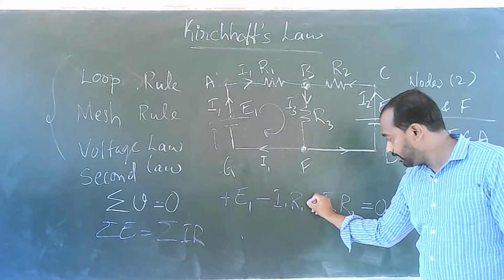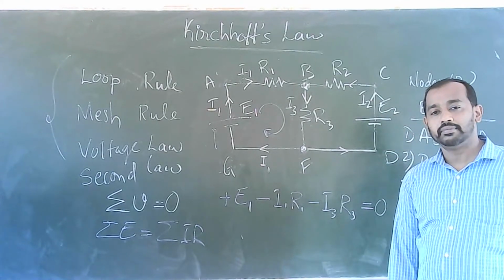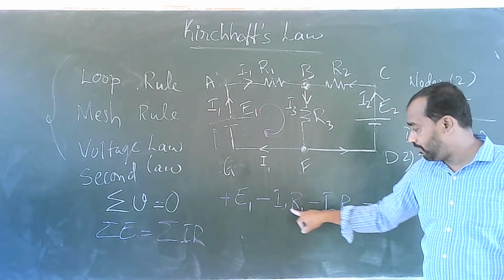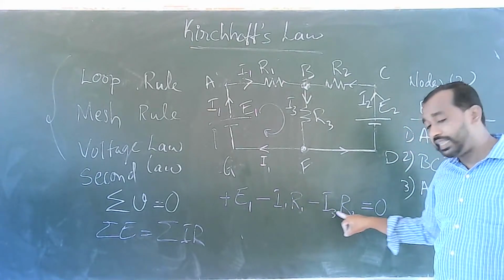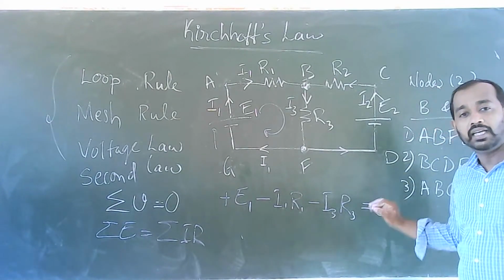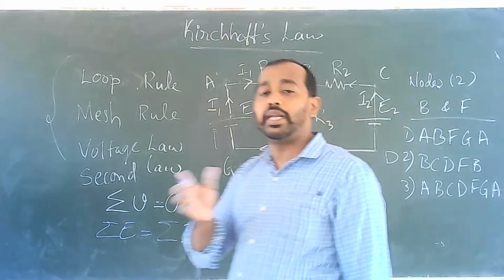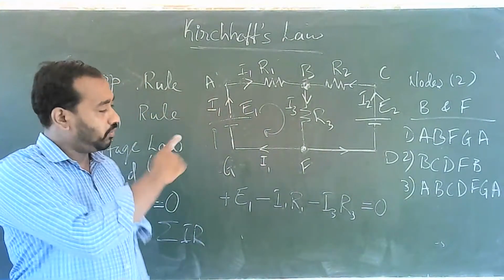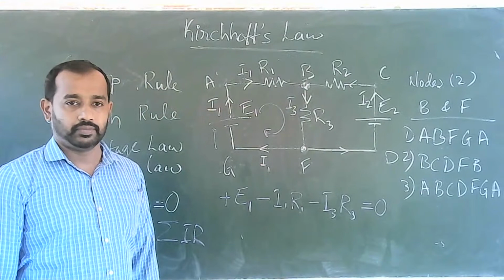So therefore, the IR drop should be negative. So therefore, E1 minus I1 R1 minus I3 R3 should be equal to 0. This is the equation obtained from Kirchhoff's voltage law for the first mesh.